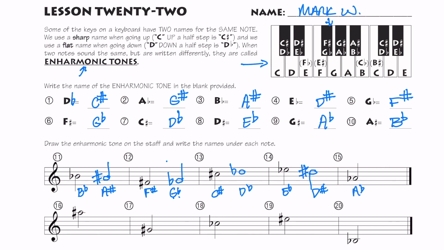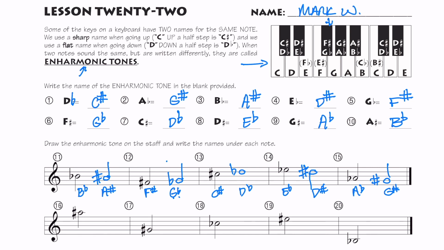Now I'm going to go down a letter to G, but then G sharp. So each one of these will have whatever the first note is. If the first note is flat, then your enharmonic tone will be sharp. If the first note is sharp, the enharmonic tone will be flat. The only exceptions are E and F, B and C. We'll see if we run into any of those.